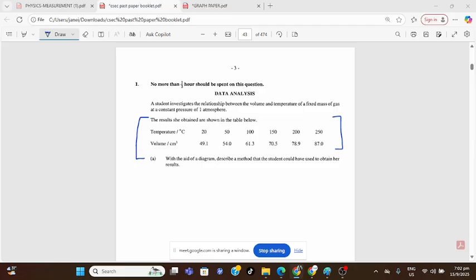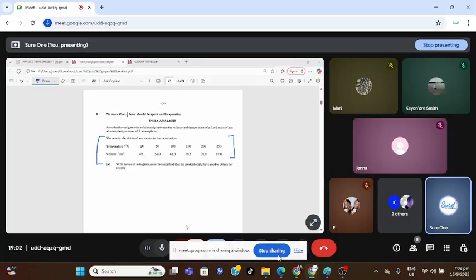I'll look at it later. Let's write it down, and then I'm not going to start the graph. This graph is a good graph.